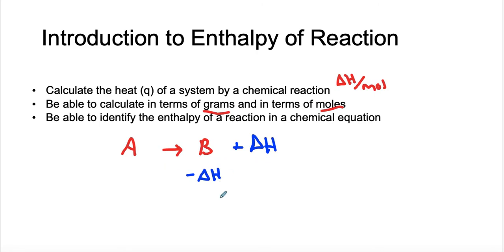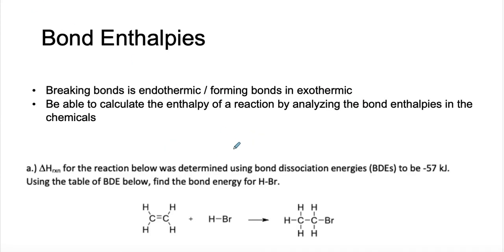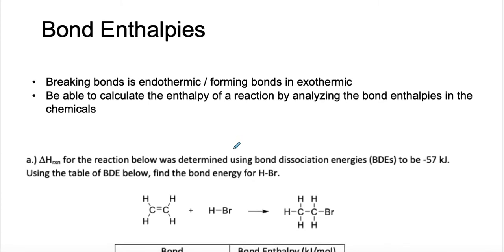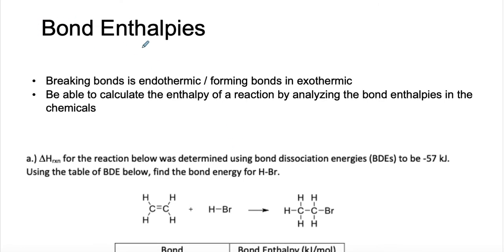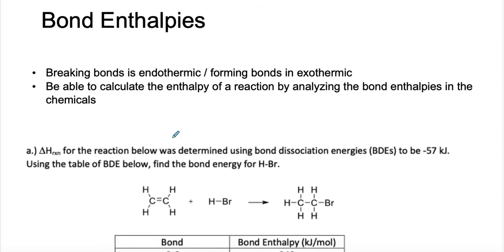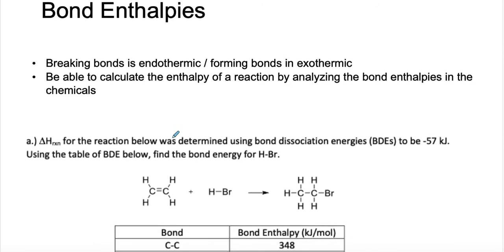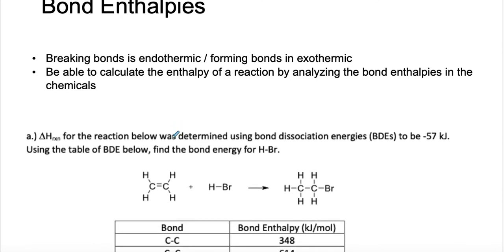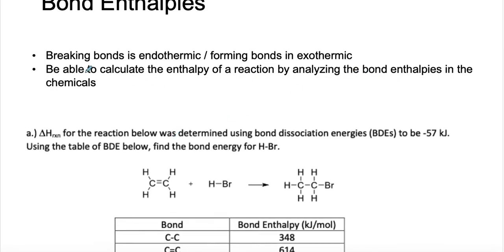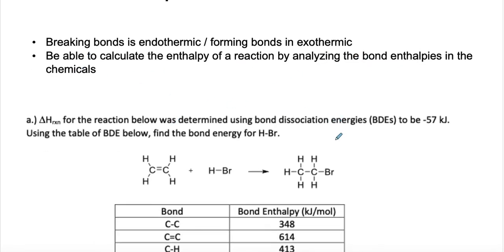Okay, so you need to be able to use enthalpy of reaction and be able to identify that in chemical equations. All right, breaking bonds is endothermic. So bond enthalpy is this next concept. Forming bonds is exothermic, so have those in your mind. Be able to calculate the enthalpy of a reaction by analyzing the bond enthalpies of the reaction. So here's an example.